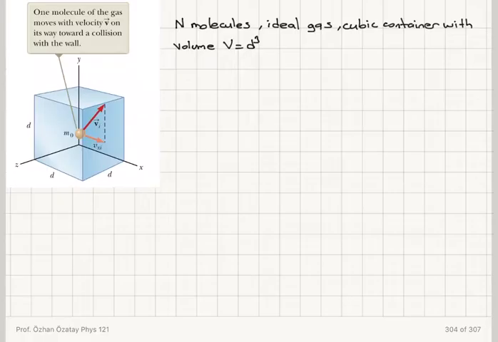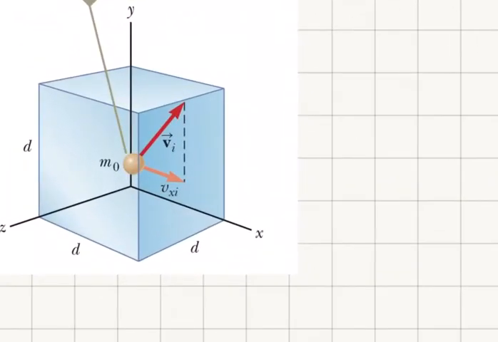And let's concentrate on one molecule that is approaching the right side wall with a velocity v initial, so that it has an x component v_xi.